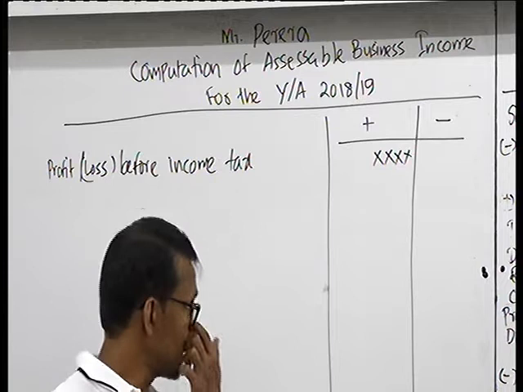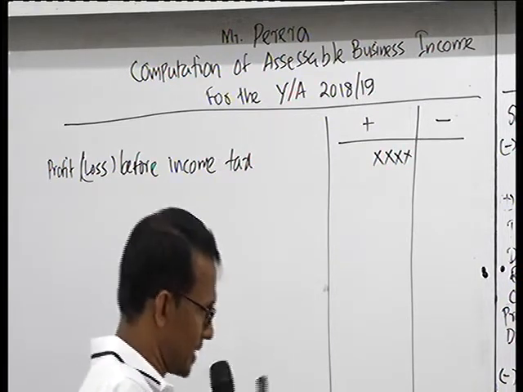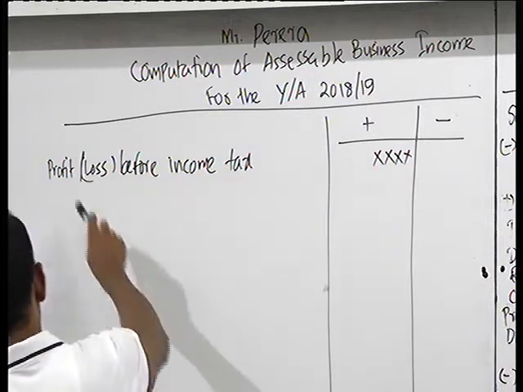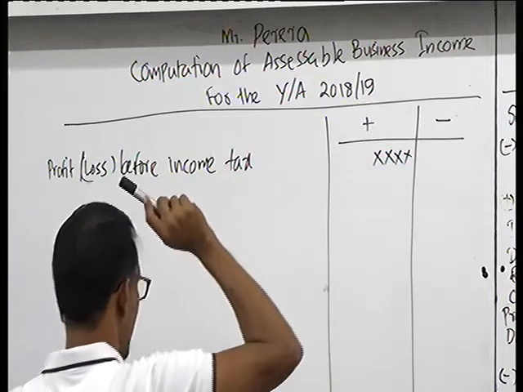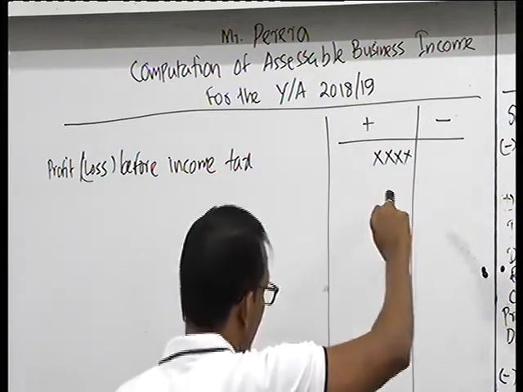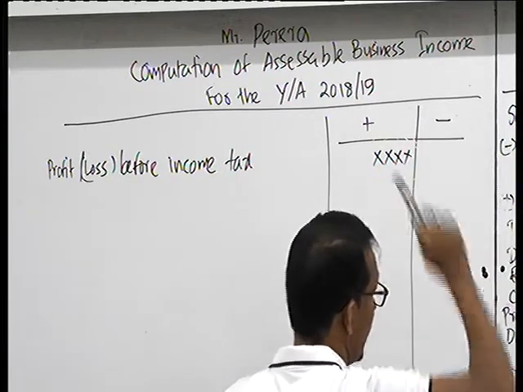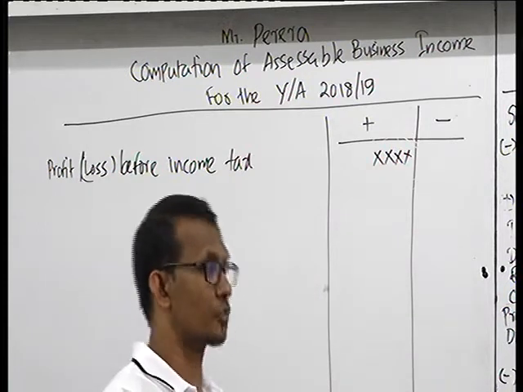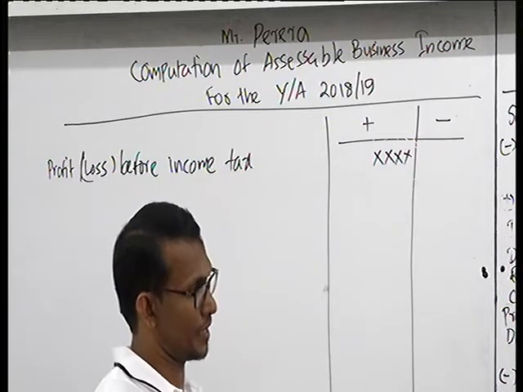Okay? So fine. Now, since I have explained a little bit of these items, suppose you have started from profit or loss before income tax. What if this profit is from Mr. Pereira's business? We'll assume Mr. Pereira is conducting a trading business, or maybe a service business, or maybe a manufacturing business.